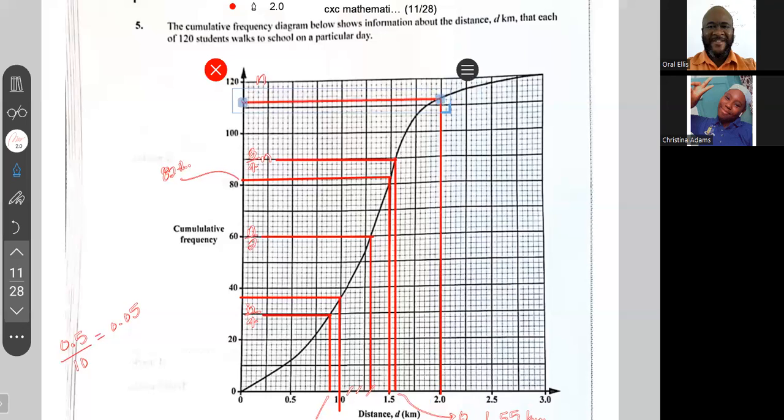All right. So the persons who walk between 1.5 and 2 kilometers, this is 112 minus 82. So this is saying 30 students.